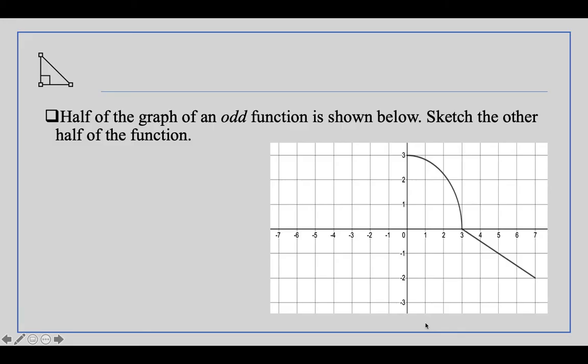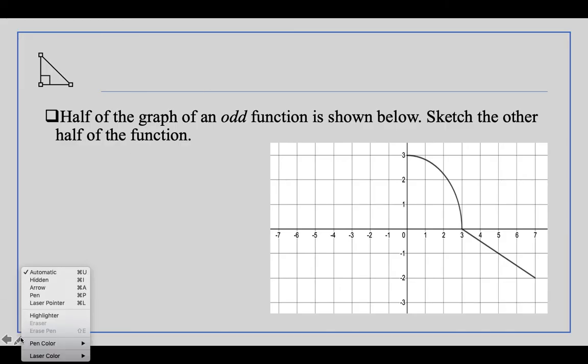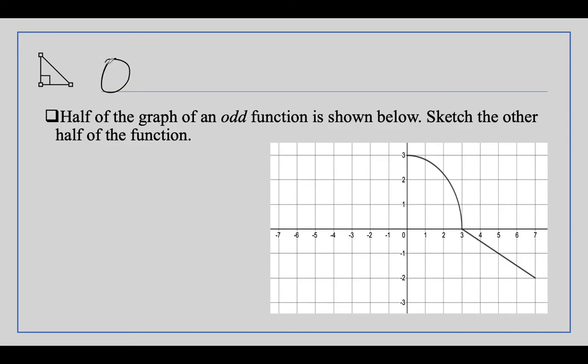So let's check for understanding. I really have, I believe, just one. So let's go ahead and look at question 1 here. Half of the graph of an odd function is shown below.